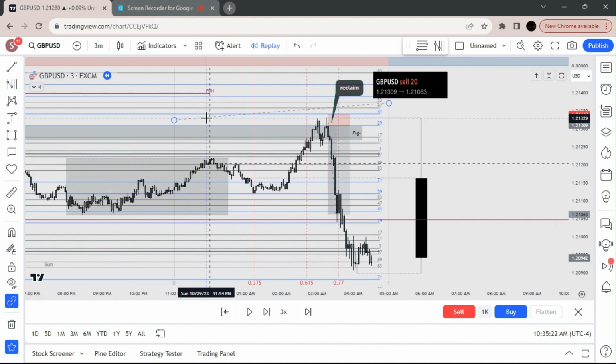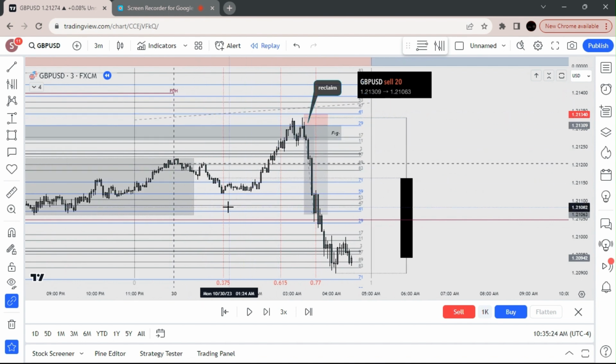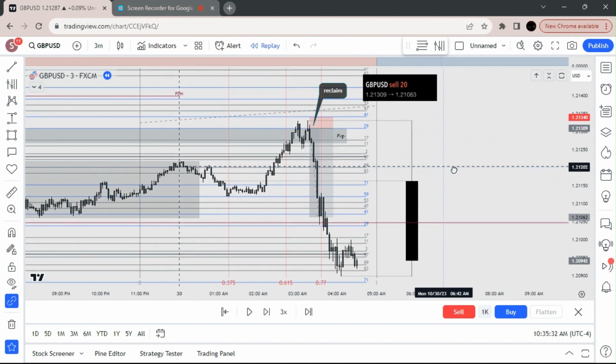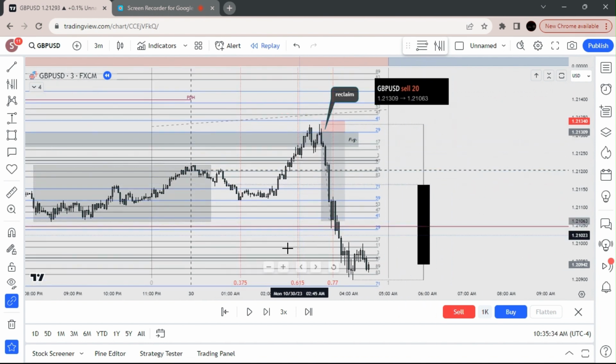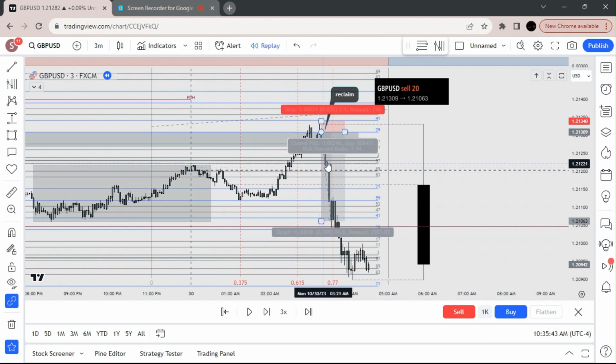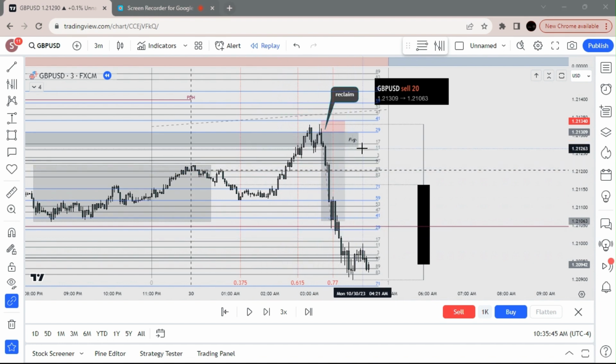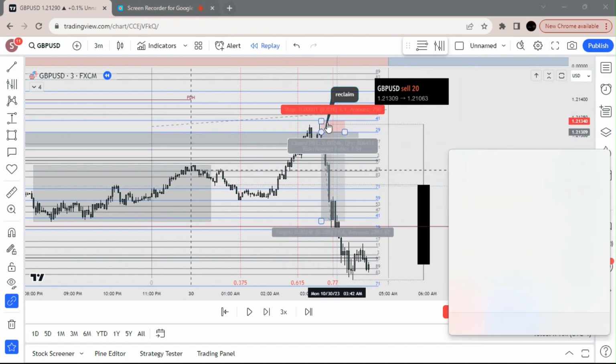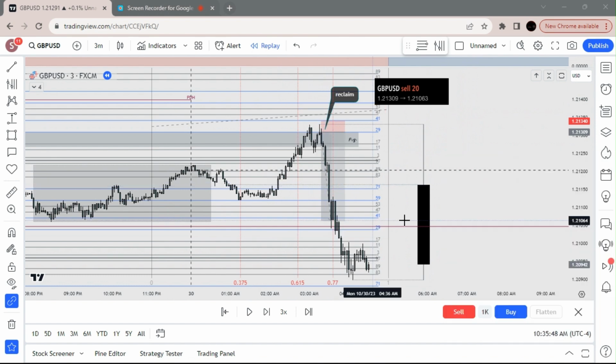And with Goldbach, this is how you know. 0.375 to 0.615 is the fractal manipulation cycle. Generally, you'll see price create either the low or high within this cycle, but if it doesn't, it will in the distribution cycle, which is what happened here.